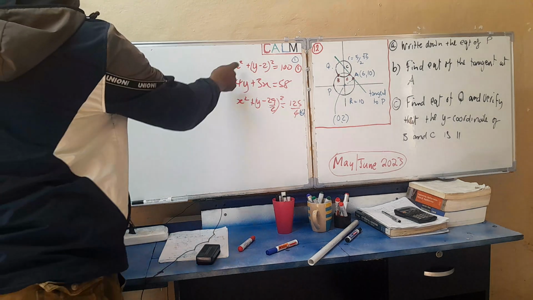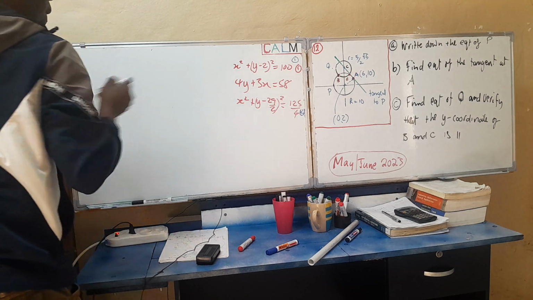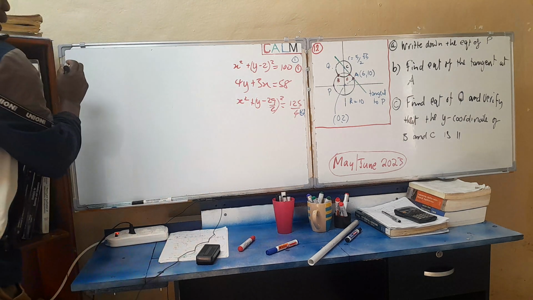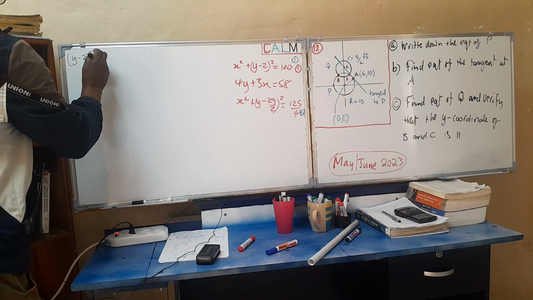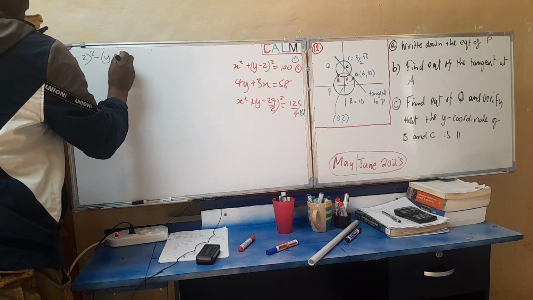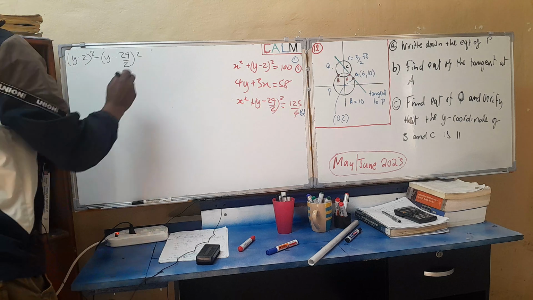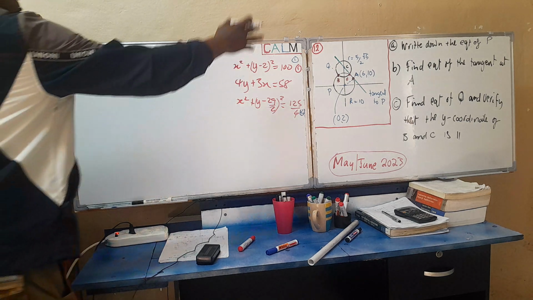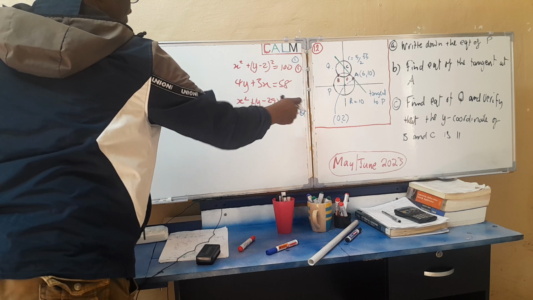So of course, x squared minus x squared disappears. On the left hand side, we are left with (y minus 2) all squared minus (y minus 29 over 2) all squared, equal to, on the right hand side, 100 minus 125 over 4.